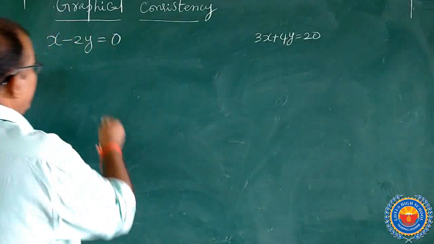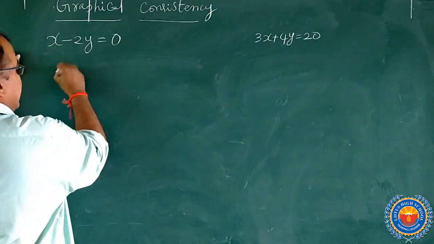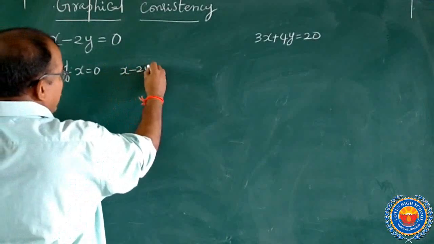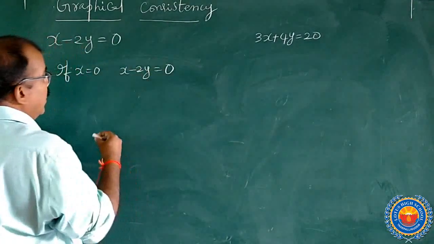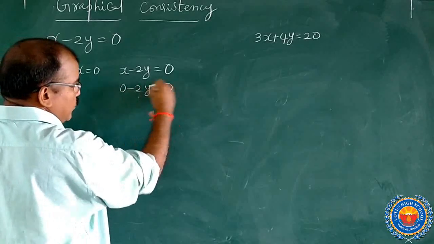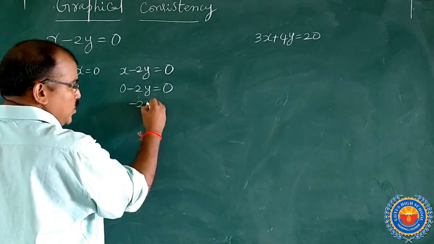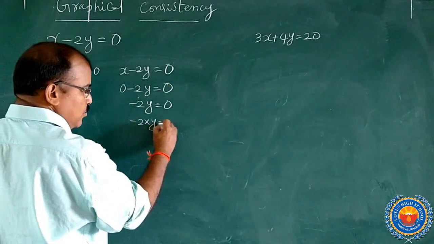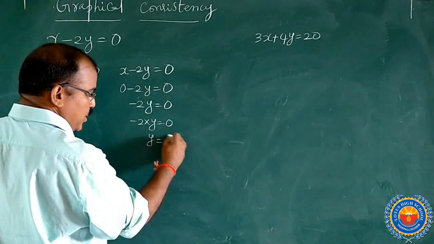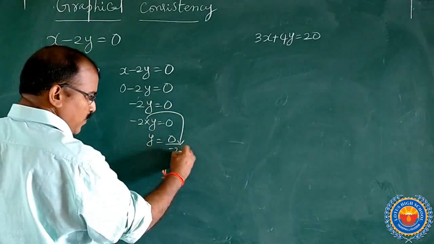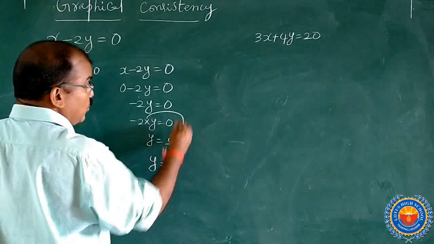Now take x minus 2y is equal to 0. If x is equal to 0, then 0 minus 2y is equal to 0, so minus 2 into y is equal to 0, and y is equal to 0 divided by minus 2, so y is equal to 0.